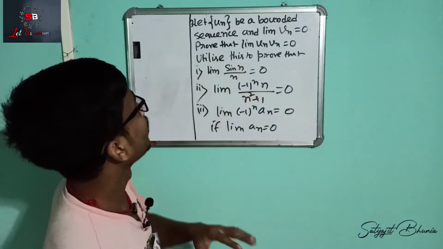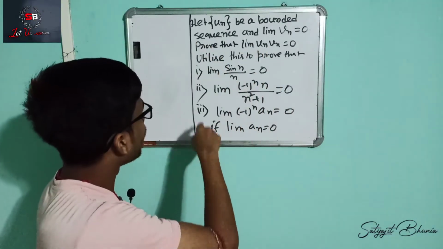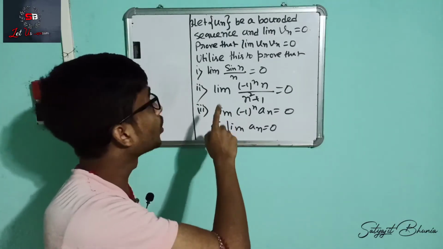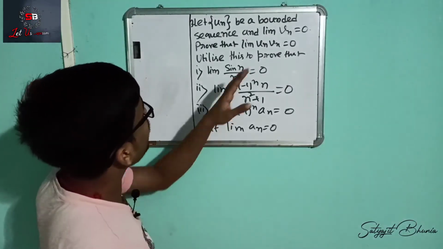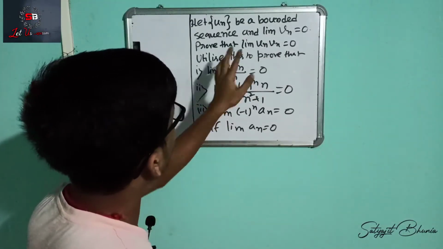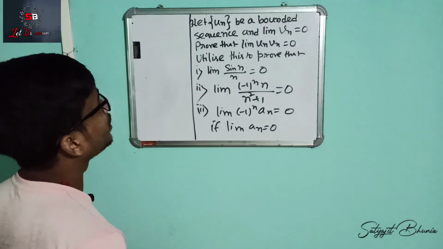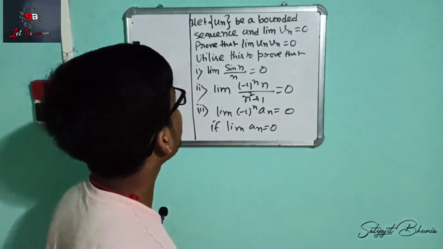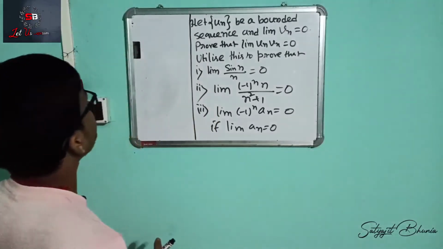After this, we have to utilize this result to prove that the following three sequences converge to 0. Okay, so let's start. Let's first prove the upper portion, that is limit un vn is equal to 0, where un is a bounded sequence and vn converges to 0.